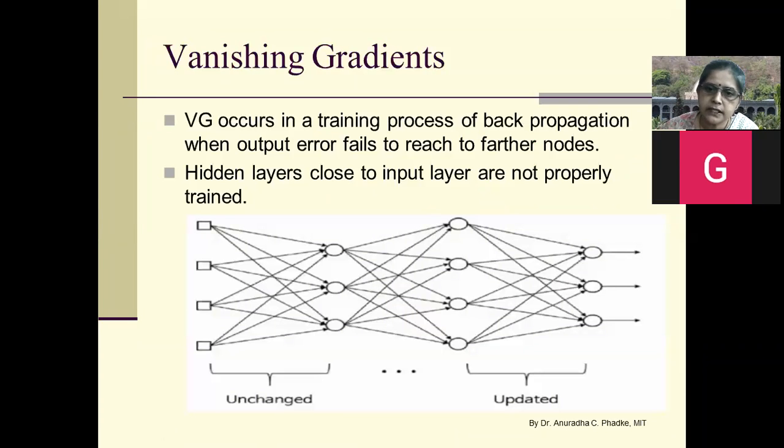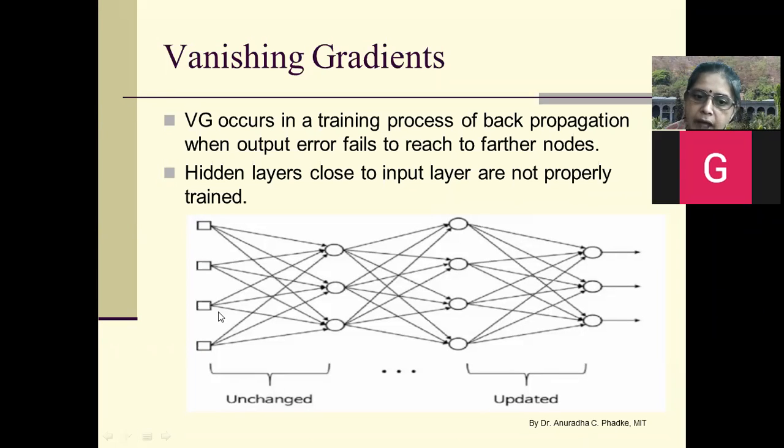Because of this process, backward propagation of gradient, we come across a problem known as vanishing gradient. When we move from the output layer to the first hidden layer, then to the next layer, and so on, as we come closer to the hidden layers near the input layer, there is a possibility that the gradient value becomes 0. This is known as the gradient vanishing.